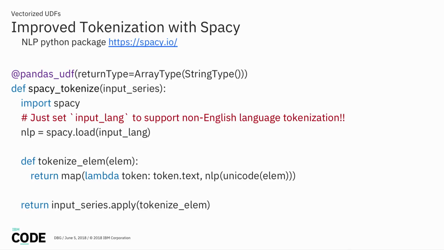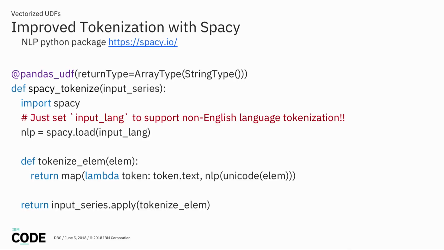So going back to our tokenization problems, now this makes it possible to use an existing Python package called spaCy to perform our tokenization. So all we really need to do is wrap spaCy in this UDF using Pandas.